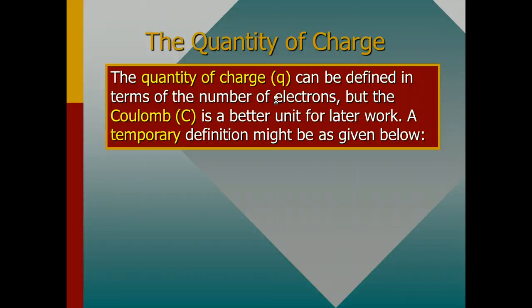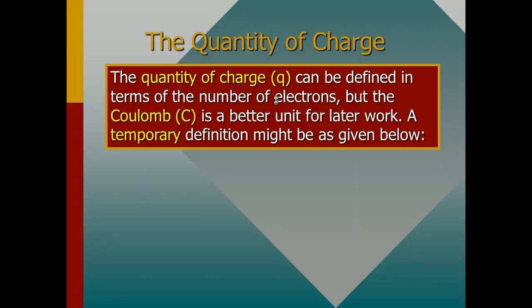And so to understand this idea of charge a little bit more, we have to understand this idea of quantity of charge. We can define the quantity of charge by the number of electrons, but that's not terribly helpful because other things have charge. Protons have charge. So we have this unit that we call the Coulomb, C-O-U-L-O-M-B.